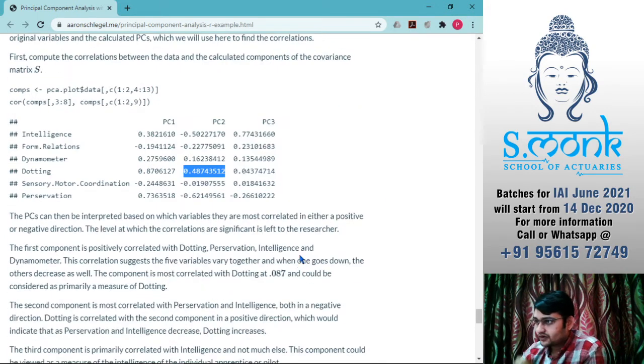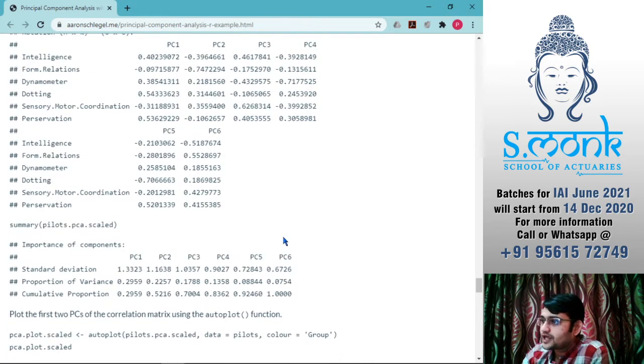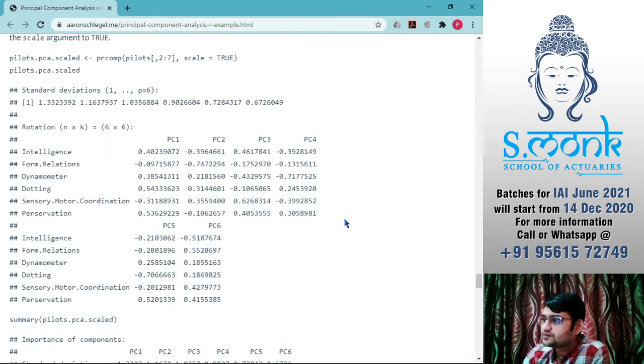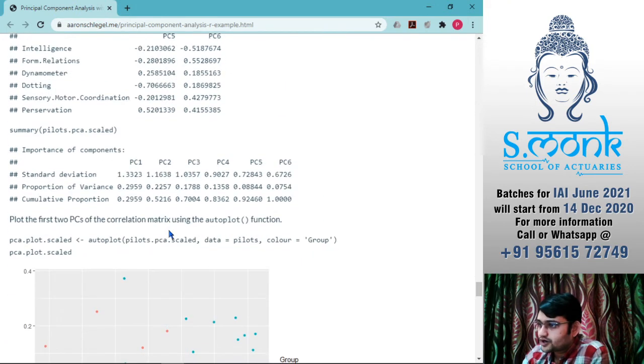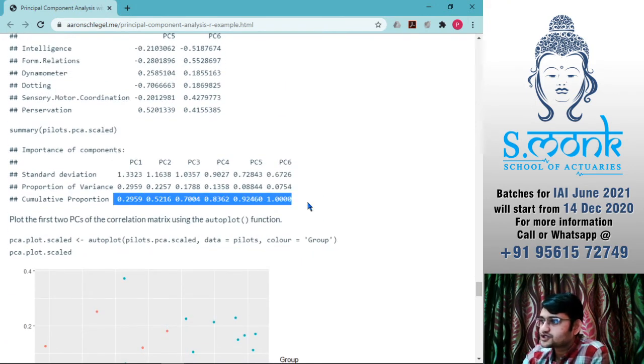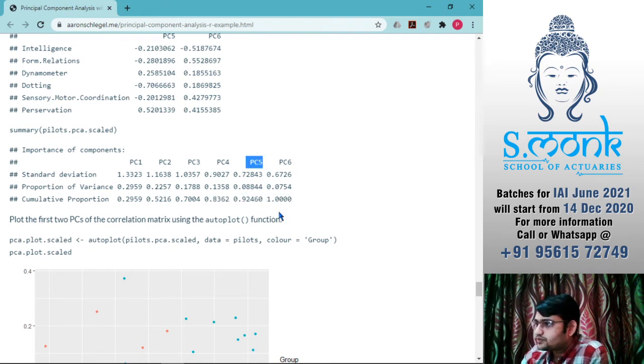First of all, how much variance is included in which particular component, that is what would be important. That would be this cumulative proportion, and you would say the majority of the data is included up to PC5, in this particular case 92.4 percent, or maybe you would take all of the data, that would be PC6.